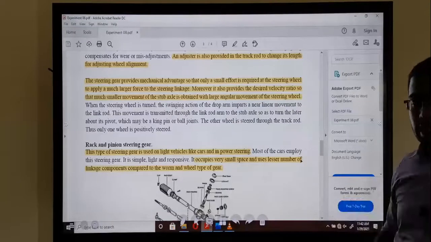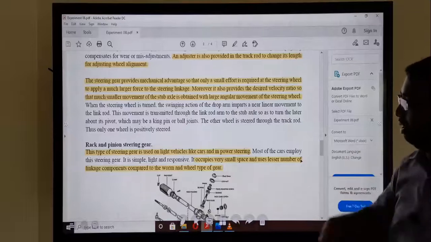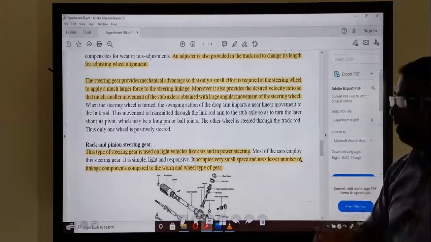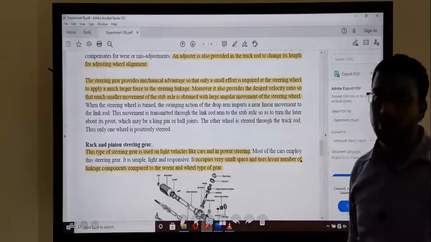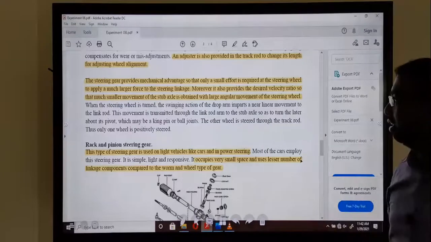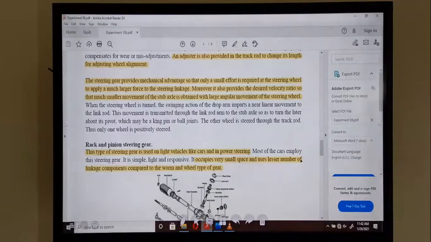That means the steering wheel movement is much larger for a particular stub axle movement, but because of this large angular movement, the hardness of steering is reduced, because of this mechanism, fluid and other mechanical practices.